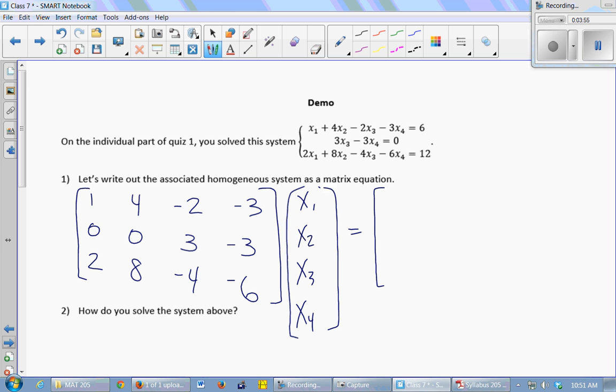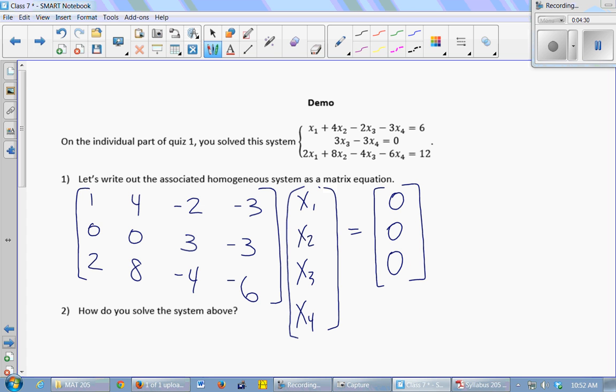But I'm writing the associated homogeneous equation. And what's the definition of homogeneous? AX equals 0, right? So instead of 6, 0, 12 on the other side of my equations, the associated homogeneous equation is just when I replace those with zeros. So we're solving AX equals 0 instead of AX equals 6, 0, 12.